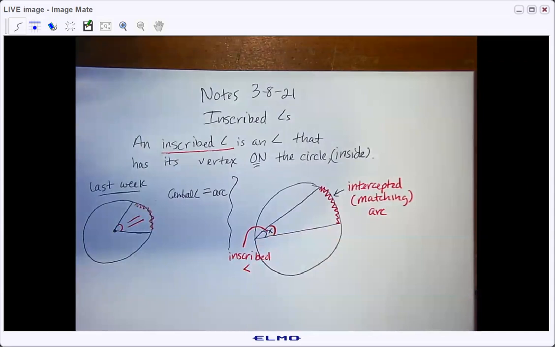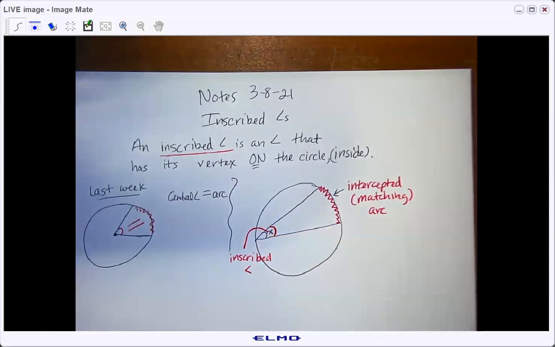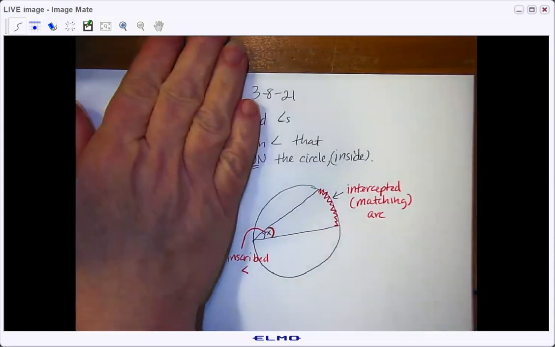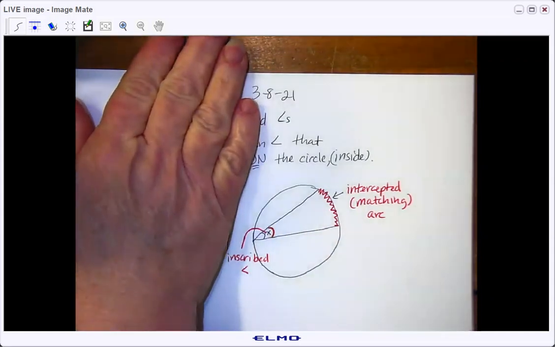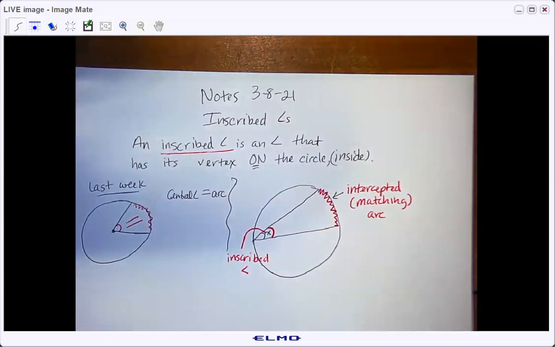Okay, so put in the chat box, here's an easy one for participation. Looking at this circle, which one appears to be bigger, the angle or the arc? Put it in the chat box.